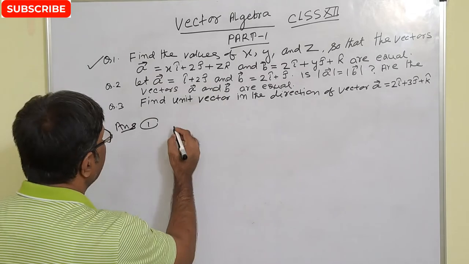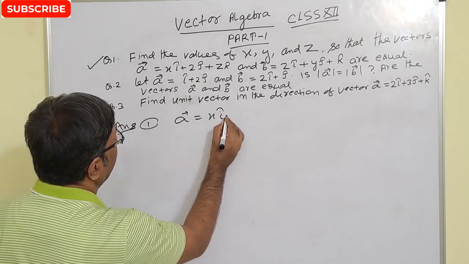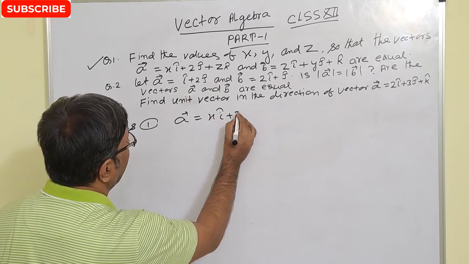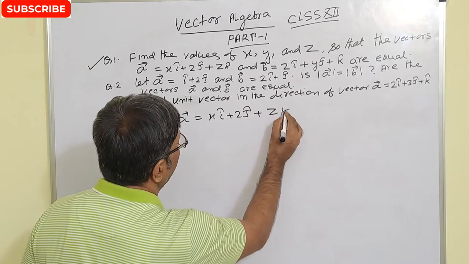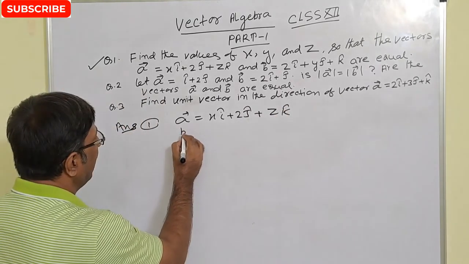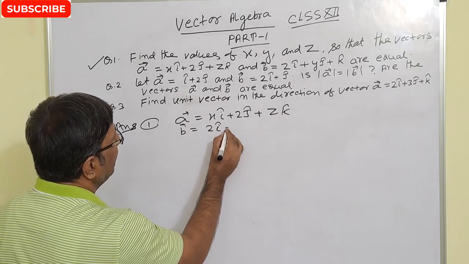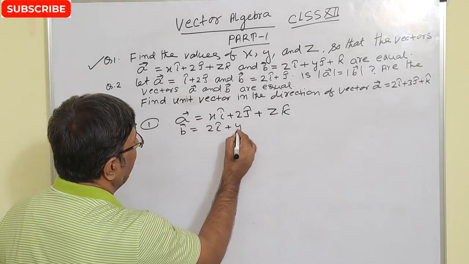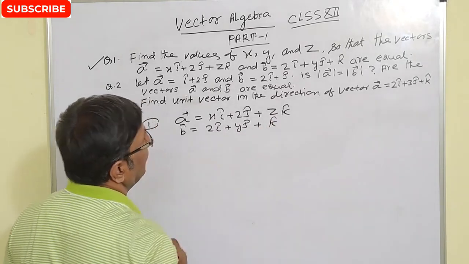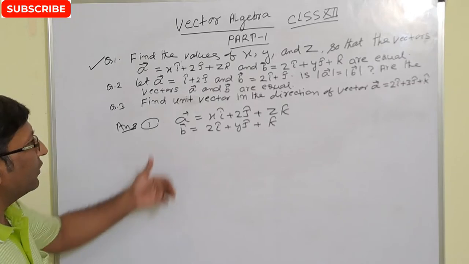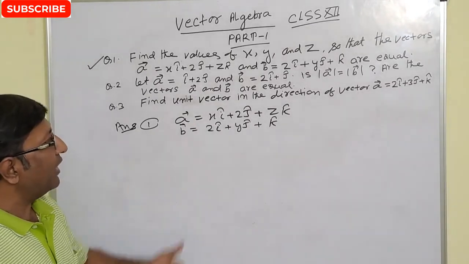So a vector is given as x unit vector i plus y unit vector j and z unit vector k, and b vector is given as 2 unit vector i plus y j unit vector and k unit vector, right? Now we have to find, when both the vectors a and b are equal, the value of what?